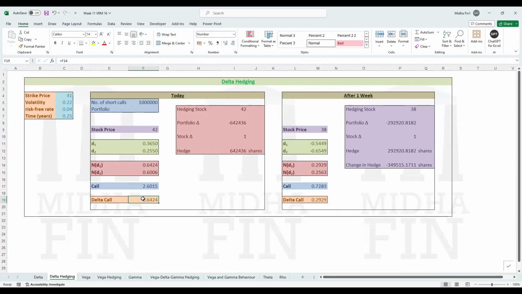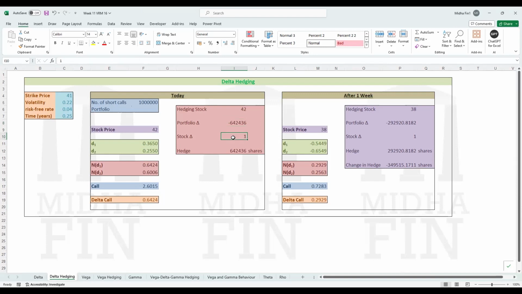If you're long on call, delta is positive. If you're short on call, delta becomes negative. Now here the portfolio is short calls. So when I say portfolio delta, it is minus 642,436. This is the delta of my portfolio.